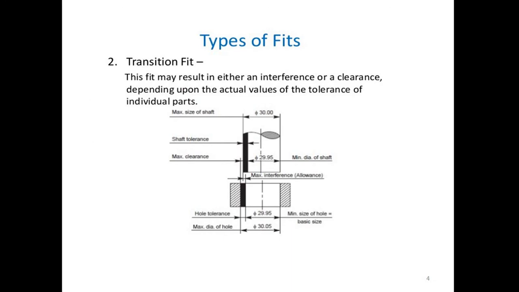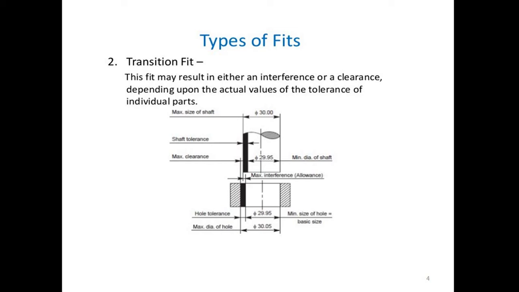The third type of fit is transition fit. Transition fit is nothing but a fit that may result in either an interference or a clearance, depending upon the actual values of the tolerance of the individual parts.